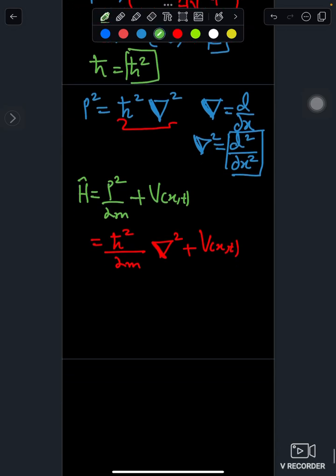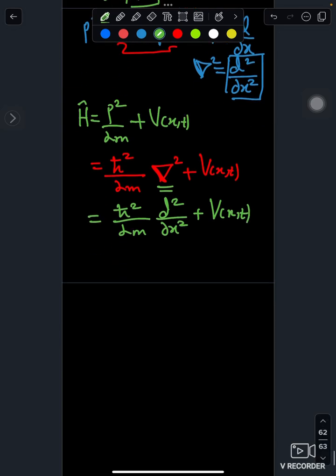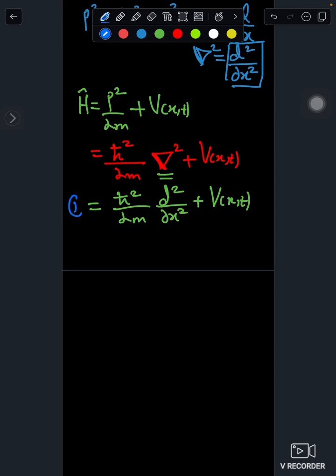Then simplify this: h bar squared over 2m, this is d squared over dx squared, plus this is the same. So then this is, you can say, the first form.